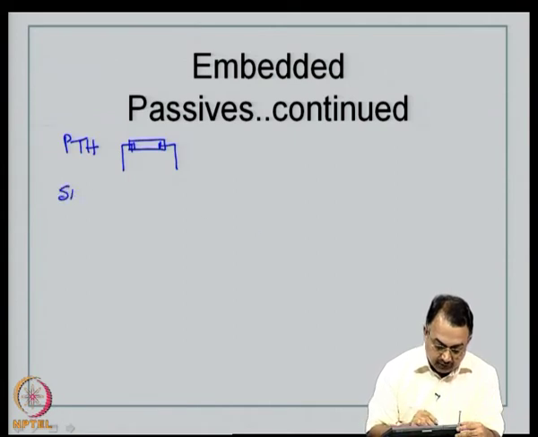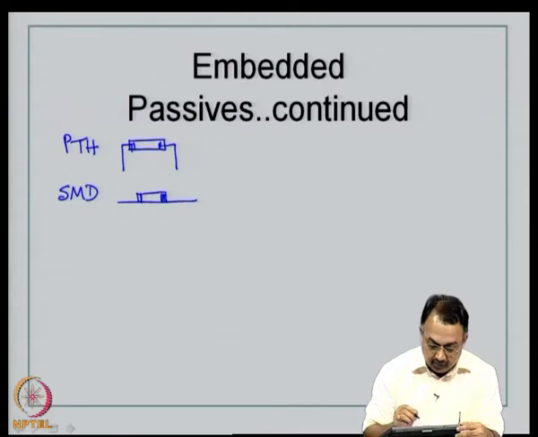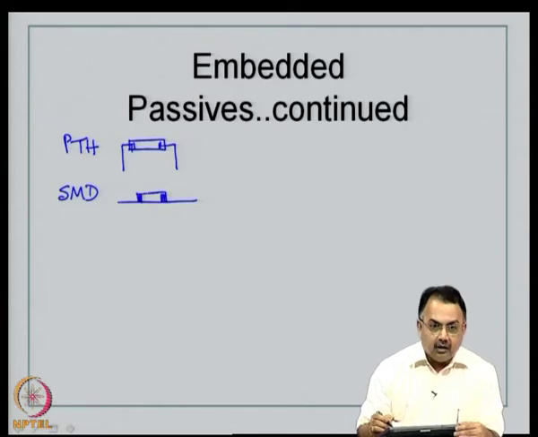Then we talked about surface mount devices. Typically, if you have the surface of the board here, then you will have these passive devices mounted on the surface of the board. So, the soldering methodologies for plated through hole components and surface mount devices are different. We have seen that.